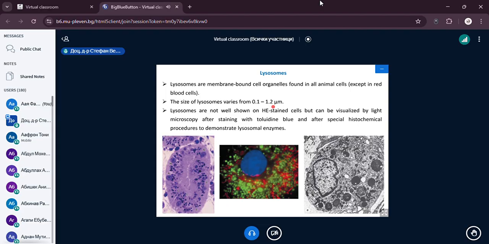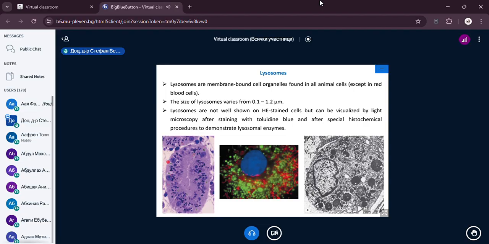But on routinely hematoxylin-stained sections, lysosomes cannot be distinguished from the rest of the cytoplasm and other such organelles which have similar staining features. To demonstrate lysosomes in the cells, we need special stainings. One such special stain is toluidine blue.